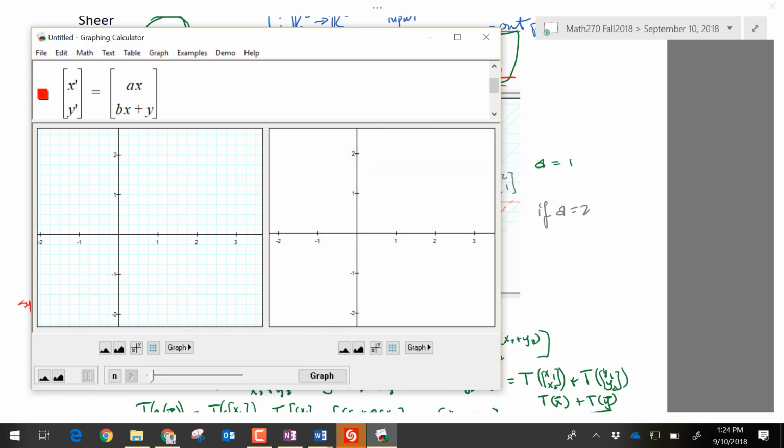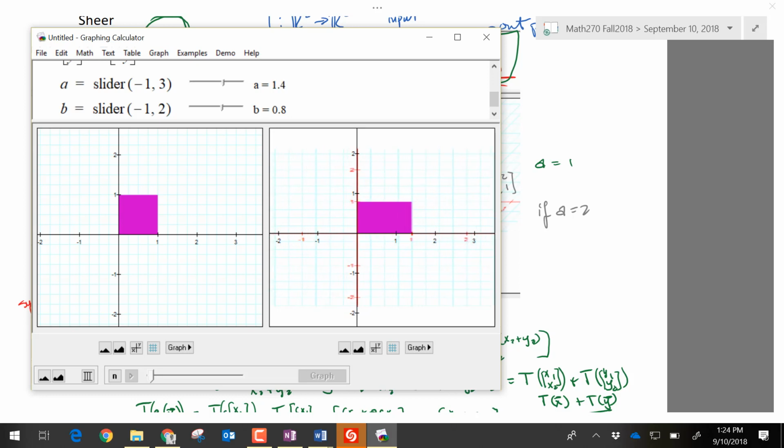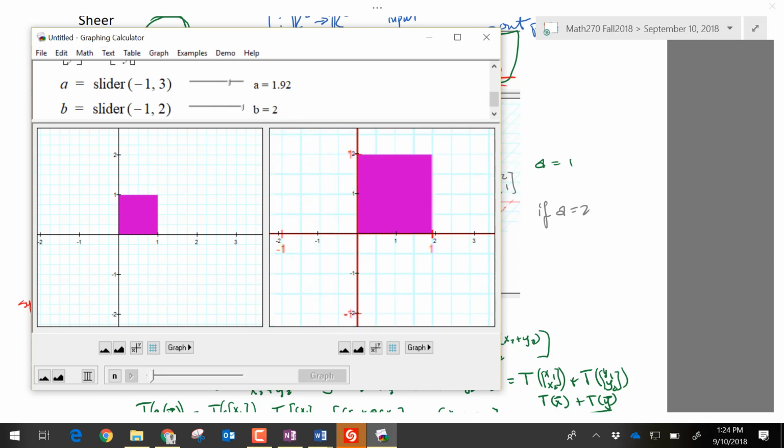There's another transformation that's kind of like scaling, where you can scale horizontally and or vertically, or you can scale at the same time.